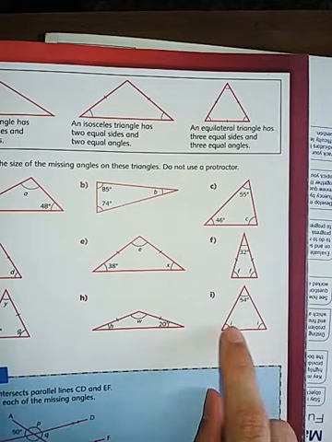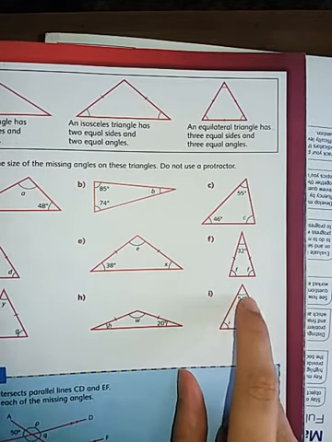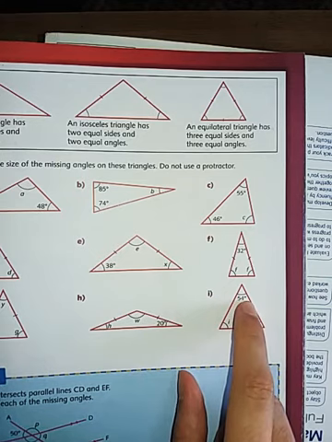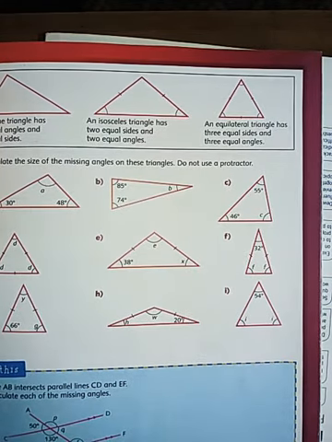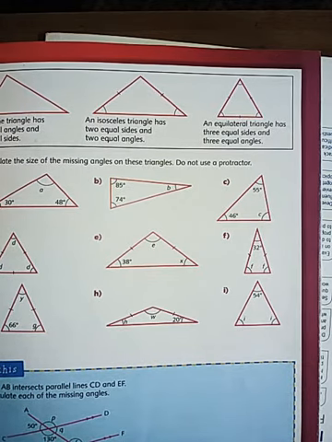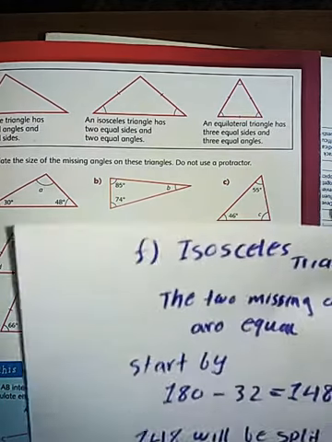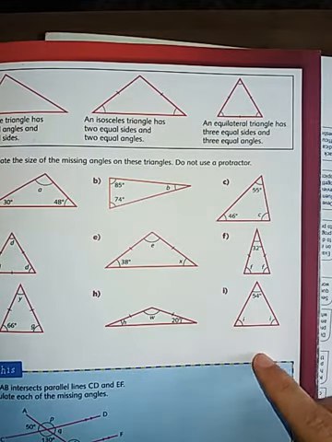Okay, now to find the missing angles, first we need to subtract 54 from 180. We subtract it, and then we divide whatever we get by 2.